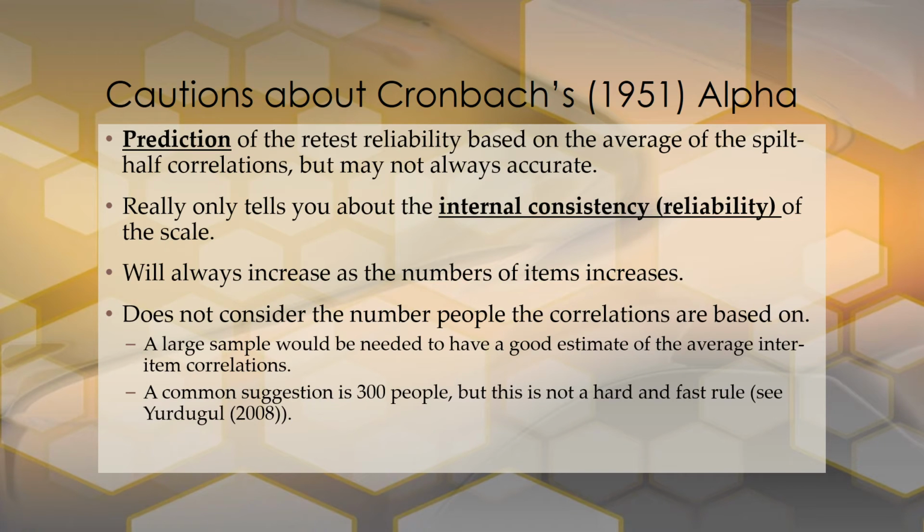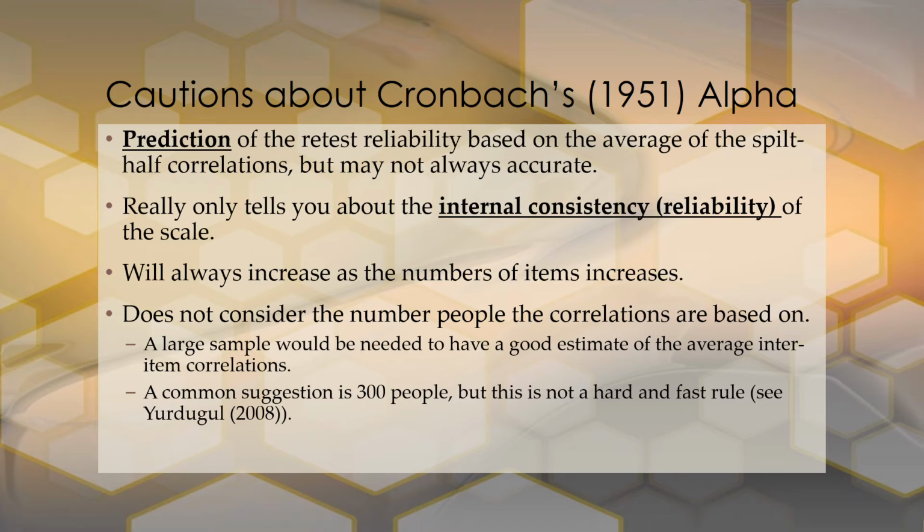Now I'm going to give you some cautions about Cronbach's alpha. You don't have to memorize all these, but just know it's not perfect. It's really predicting the retest reliability from all the split-half reliabilities, or from all the inter-item correlations. It's not an actual measure of retest reliability. It's just a prediction of it.